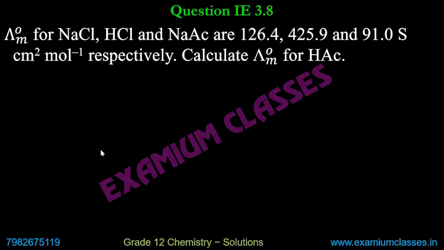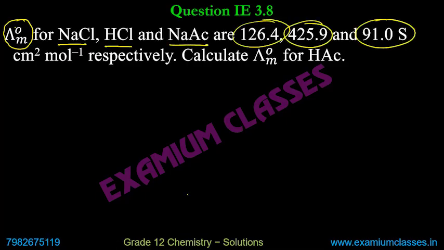Understand what this question says. This question says that limiting molar conductivities for NaCl, HCl, and sodium acetate are given. We have to find limiting molar conductivity of acetic acid. And acetic acid is a weak acid. Normally, for weak acids, as we have talked about, it is not possible to calculate limiting molar conductivity directly.